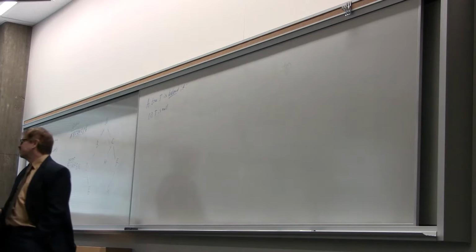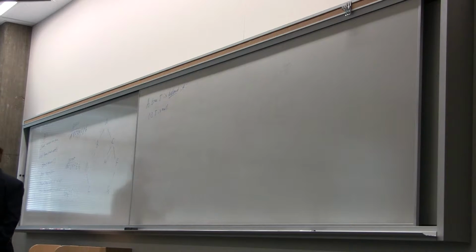The first notion of a balanced tree is a null tree. If a tree is empty, we say that it's balanced. It's just by definition.